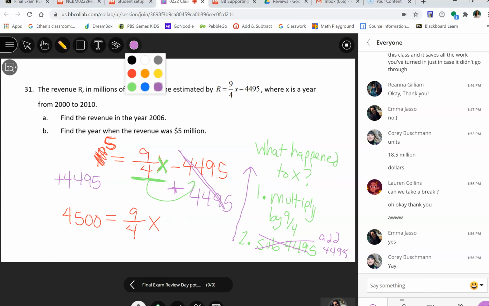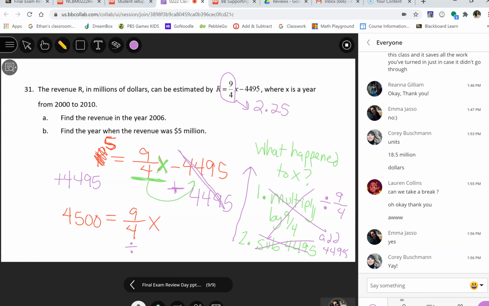Now working backwards, I have to undo the multiplying. And you undo multiplying by dividing by the fraction. Just heads up, this fraction is a pretty decimal number. So if it makes you more comfortable and you want to change that to 2.25, you can. If not, just use your fraction button on your calculator.